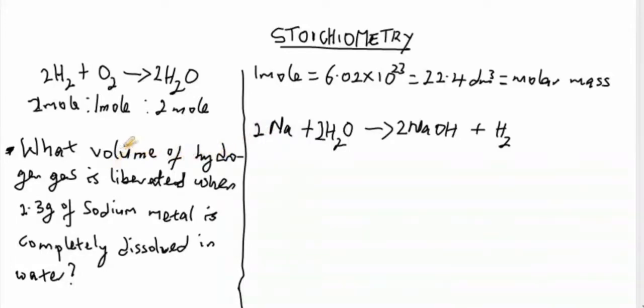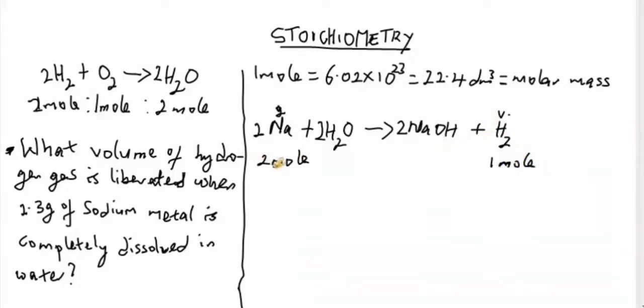Now, looking at the question very well, they make mention of sodium, and sodium here was given as mass, so grams. Then they asked for volume, that's grams against dm cube. Now we have to interpret this equation to suit it. So here we'll have 2 moles of sodium giving us 1 mole of hydrogen gas.